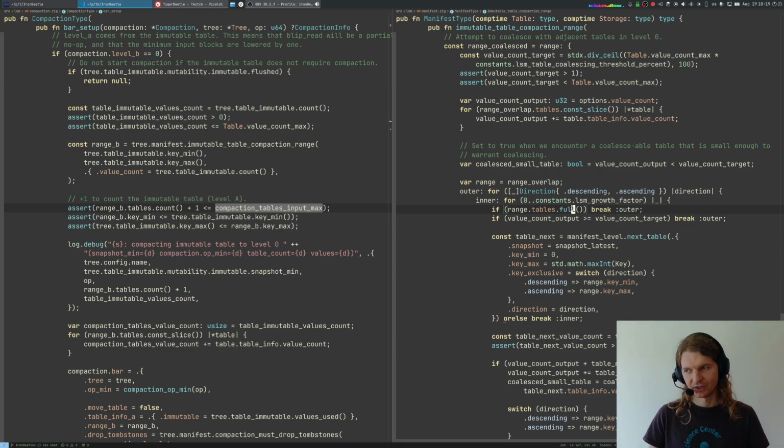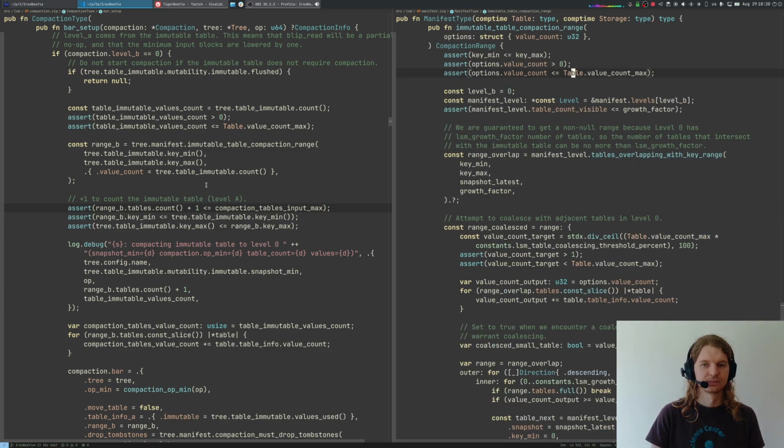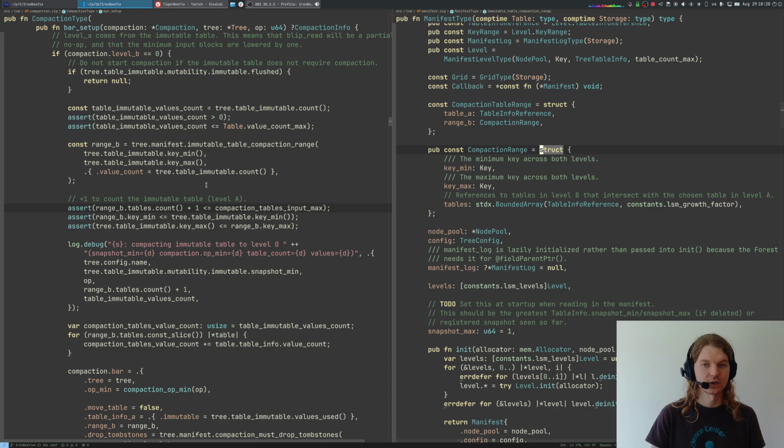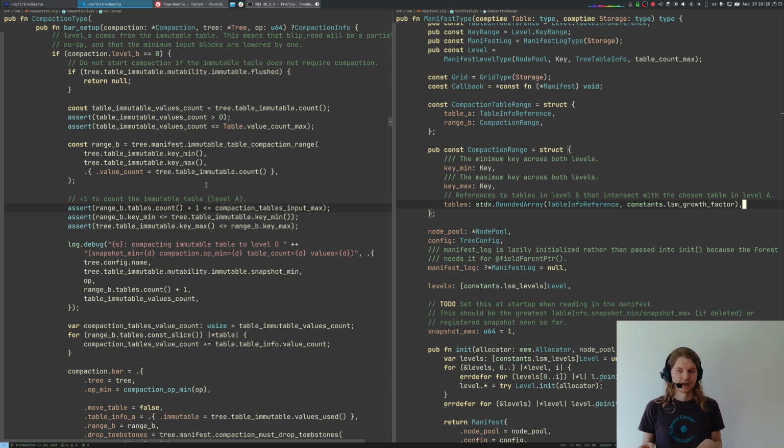Okay, and as usual, it is helpful to think about where the upper bound comes from here. So you see these tables in the compaction range, they are bounded by the LSM growth factor. What is the LSM growth factor? If level A has X tables, then level B has at most X times LSM growth factor tables.